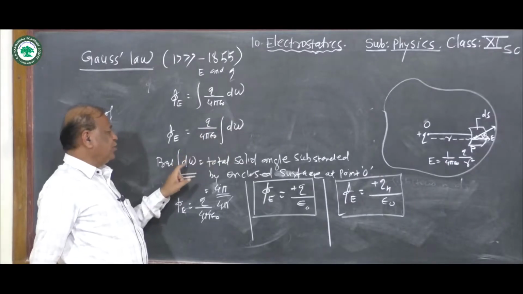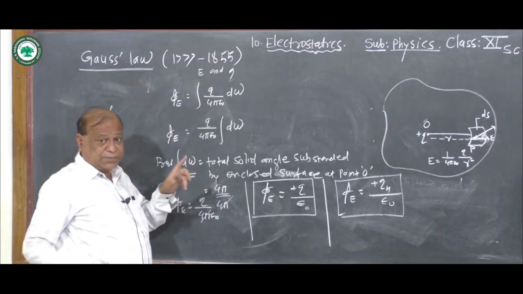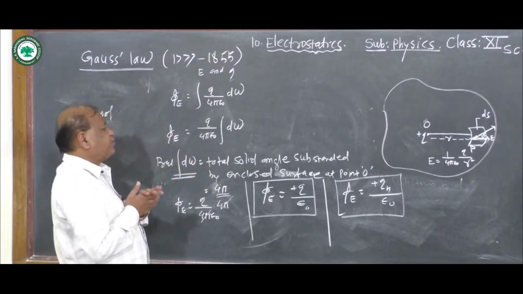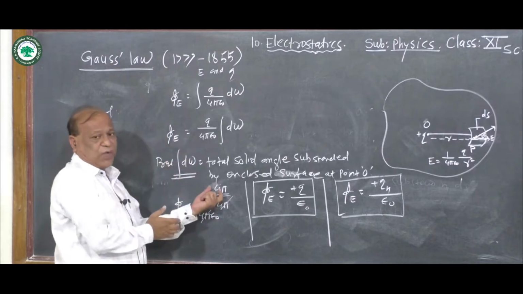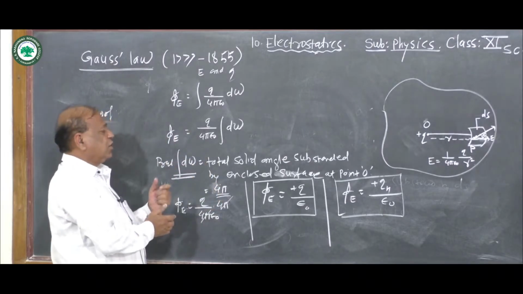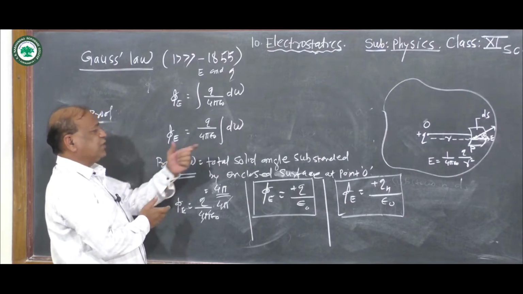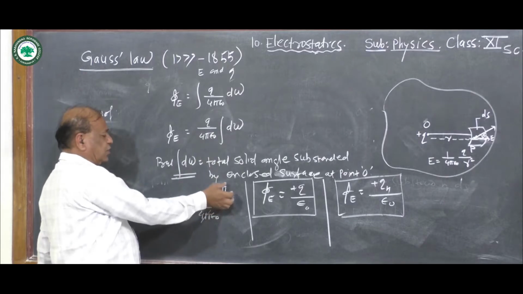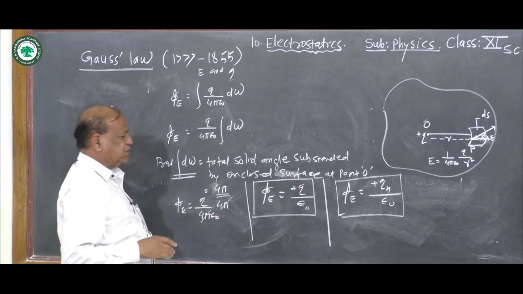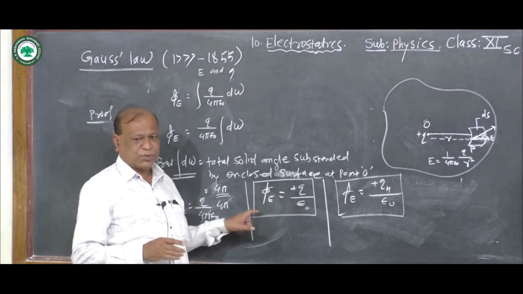Now the integration of d omega is the total solid angle subtended by that enclosed surface at point O, and its value is 4 pi. And now put this value here. Now this 4 pi gets cancelled, and the answer will be phi E is equal to Q upon epsilon 0.